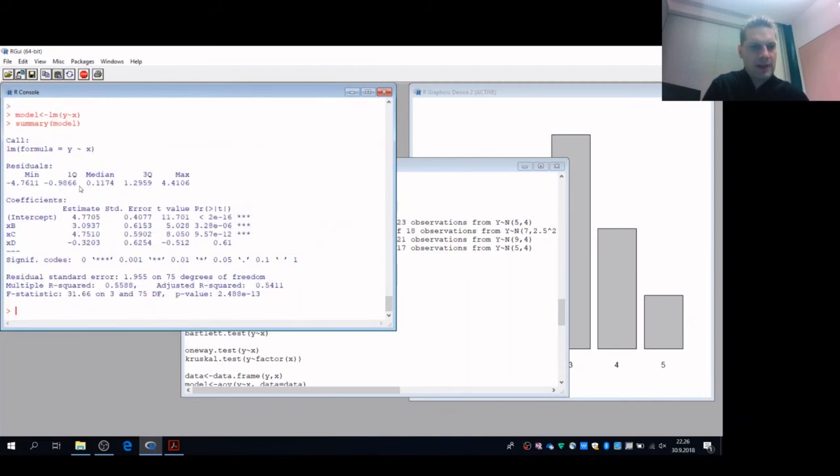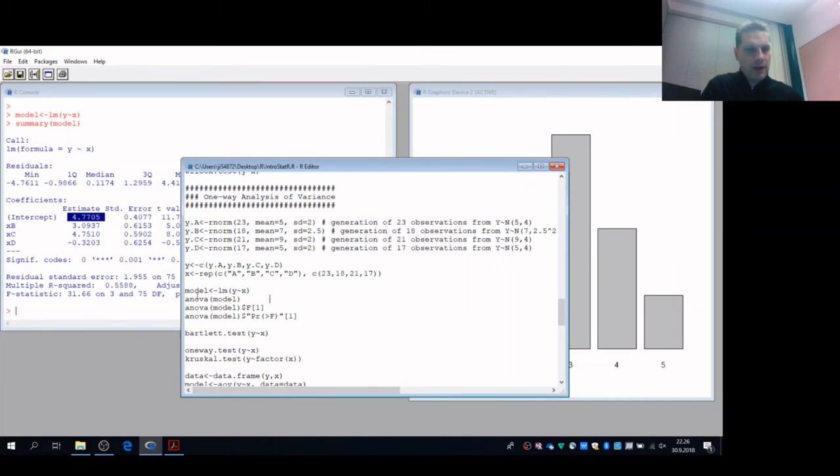which means that it is just calculating, first of all, it takes one subpopulation as a control group, and here the intercept means that we have calculated for subpopulation A the sample mean as the value 4.7705, and then these lines are giving us how much the sample means are different from this control group of population A, and so on.